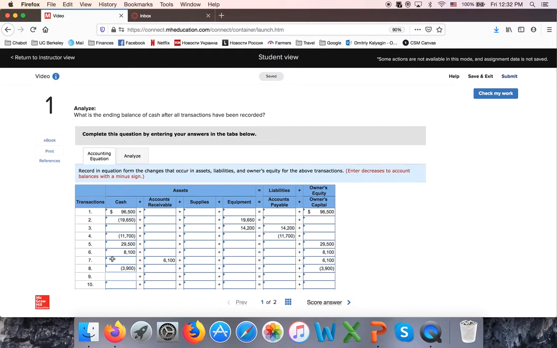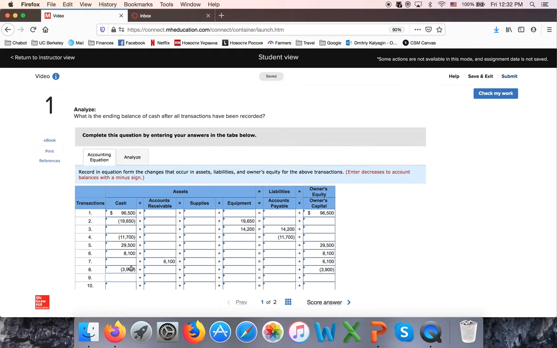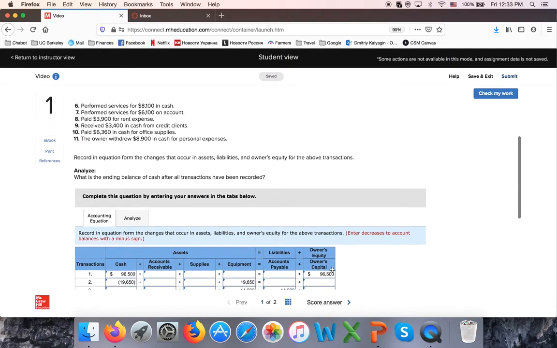It goes down. The left side of the equation went down, and the right side of the equation went down. So whenever you pay cash, cash goes down, expenses go up. Expenses increase, right? But my capital decreases because expenses have a negative impact on capital.